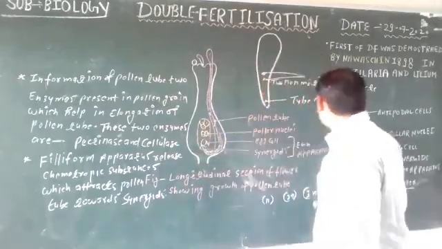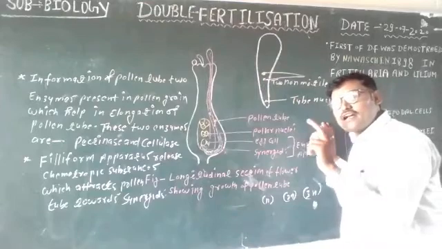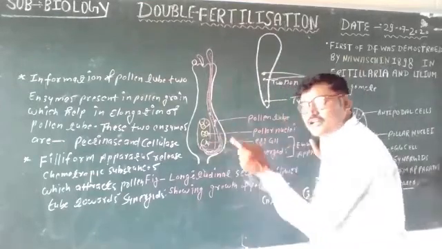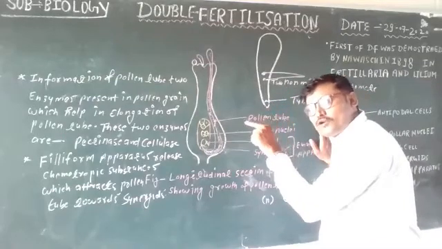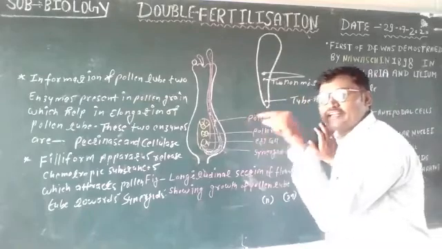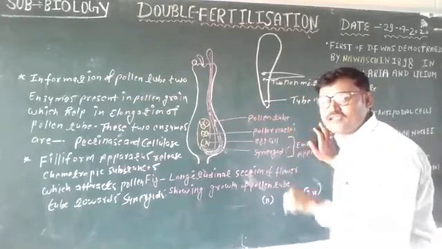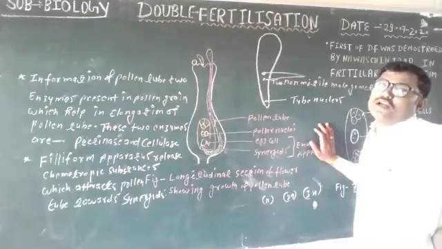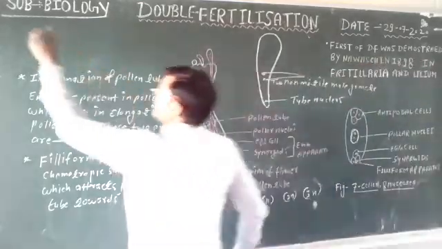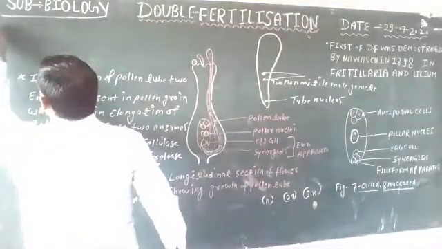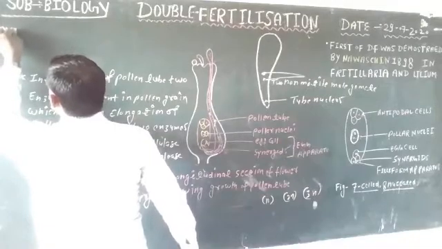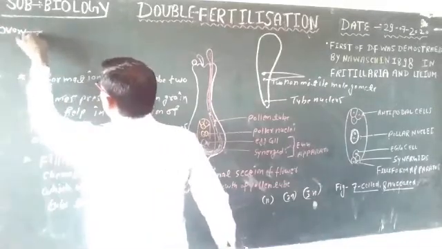But in such cases, one male gamete fuses to the egg cell, and another fuses to the polar nuclei. It means two fusions take place, twice fusion takes place. That's why it is known as double fertilization. Again, I am repeating. First, this is the ovary. Inside the ovary is the ovule.